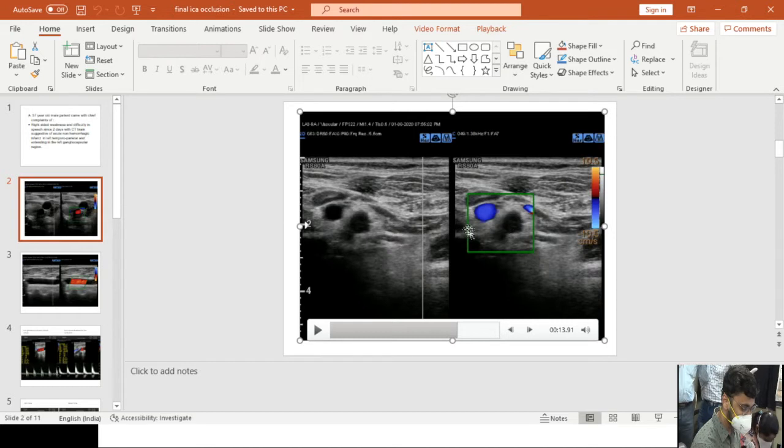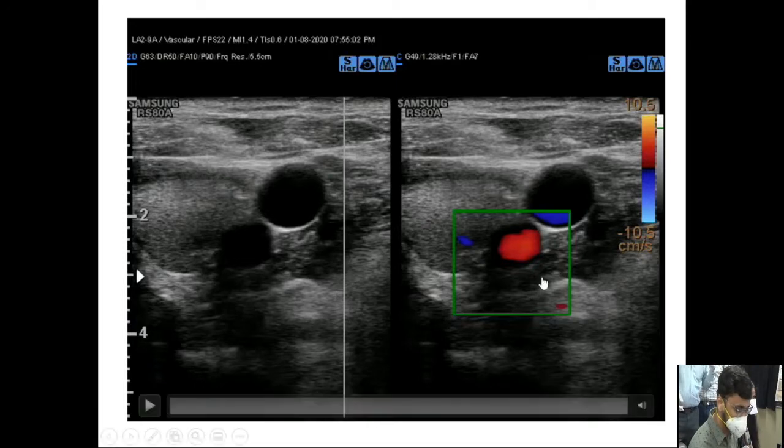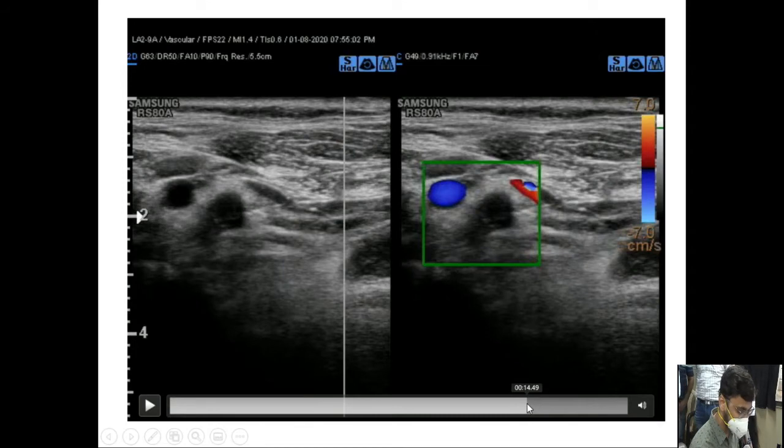So there was no flow in the internal carotid artery, which was suggestive of complete occlusion in the internal carotid artery.